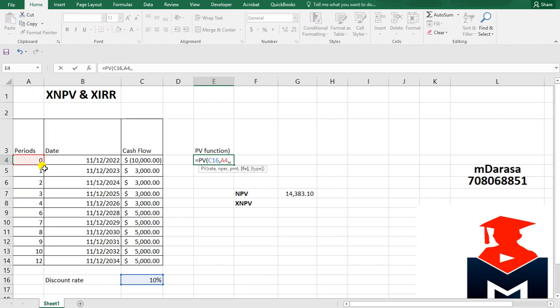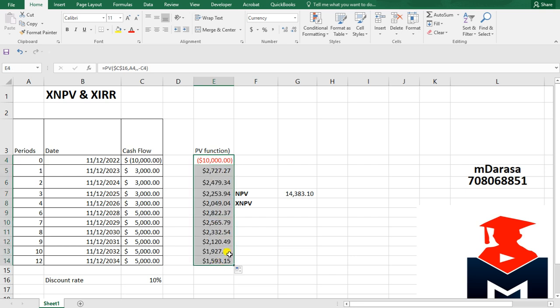Then future value basically is what you're having here, right? Because it can have minus, so that at the end of the day, it should give us an outflow, right? So in this case, because rate is common, I can lock my rate. Then I drag this one down.